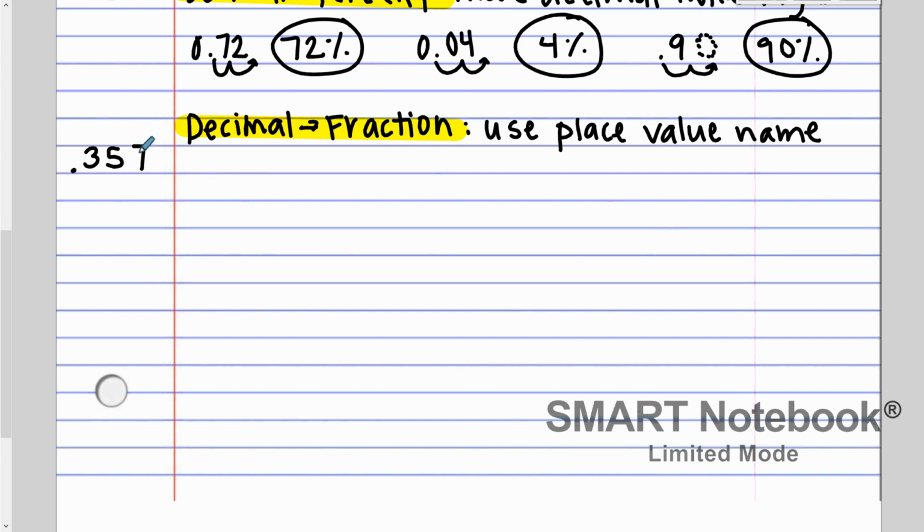Okay, so when we have a place value or a decimal number, say we have 3.357. Okay, this first decimal place that's right here is called the tenths. Tenths, meaning that it's out of 10. This 5 right here is in the hundredths. Hundredths. This 7 right here is in the thousandths.